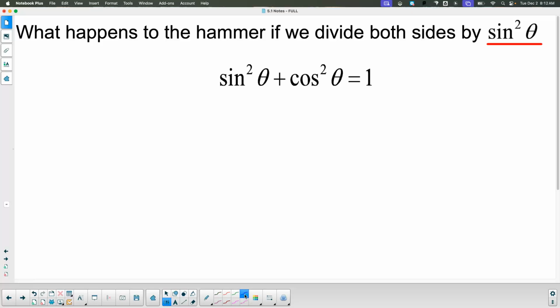So if I take the hammer and I divide everything by sine squared of theta, is that legal? Mathematic-wise, is that legal? Why not?